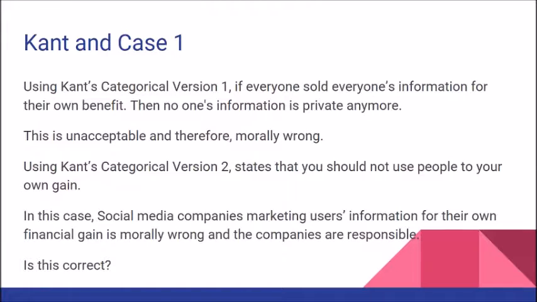Using Kant's categorical imperative version 1, if everyone sold everyone's information for their own benefit, no one's information would be private anymore. This is unacceptable and therefore morally wrong. Version 2 states that you should not use people for your own gain. In this case, social media companies are marketing users' information for their own financial gain, which in turn is morally wrong, and these companies are responsible. Is this correct?